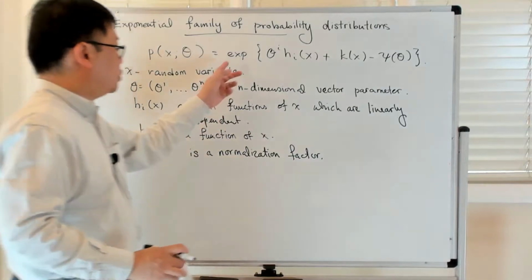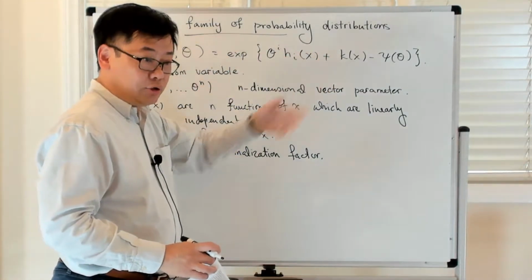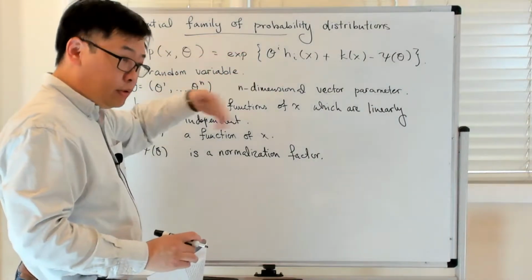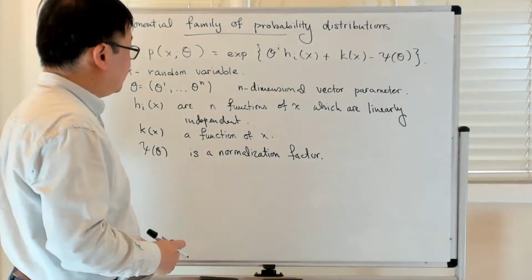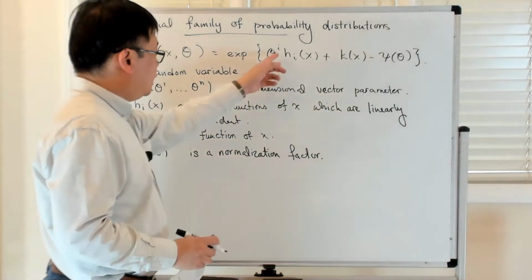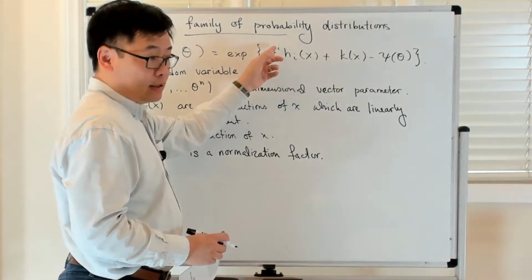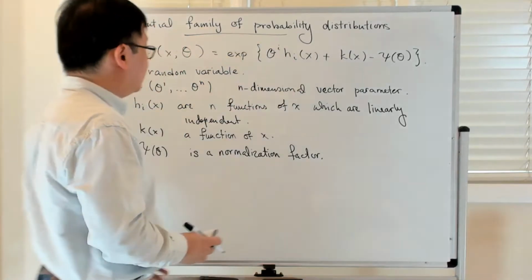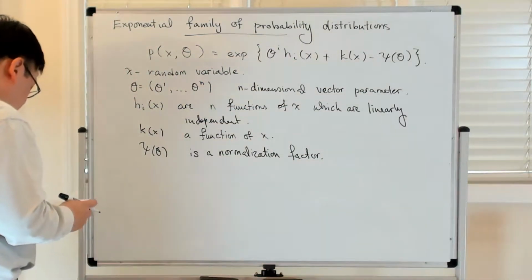So psi is chosen so that if you integrate this probability distribution over the entire space of random variables, it normalizes to 1, okay? And here we're using the Einstein summation convention. There's a raised i and a lowered i, so there's an implicit sum over i.